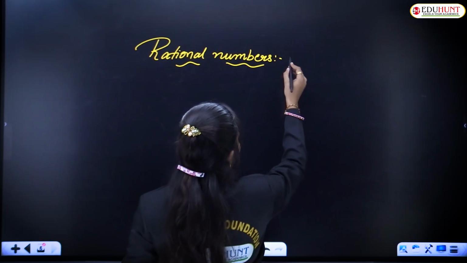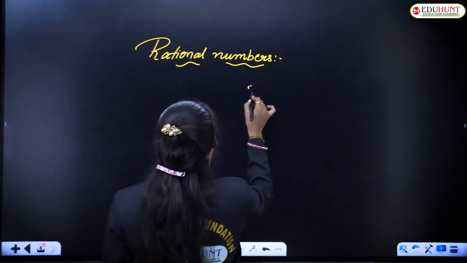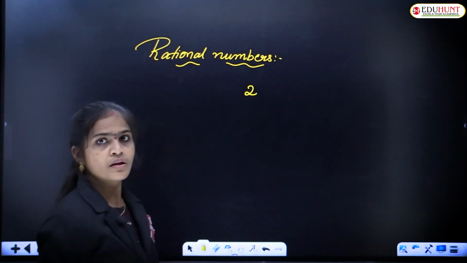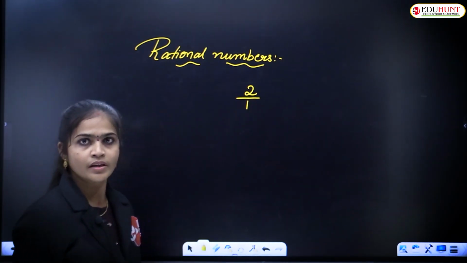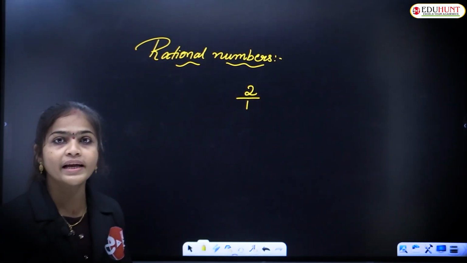So here, which can be expressed means, for example, 2 is there. 2 we can write as 2 by 1.